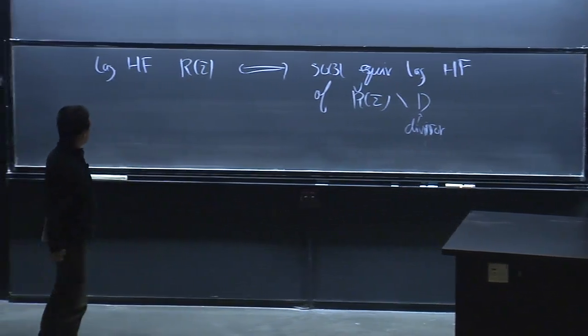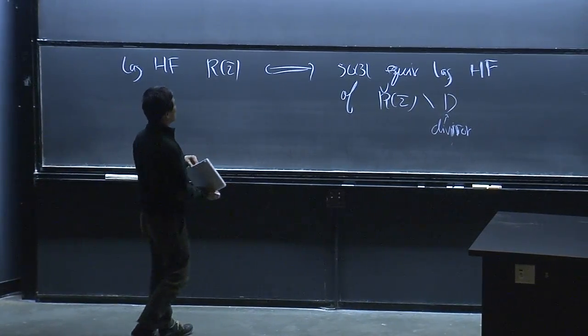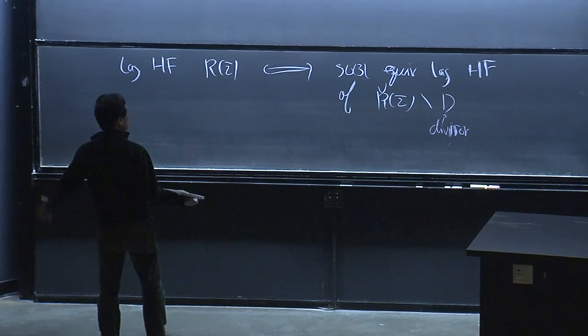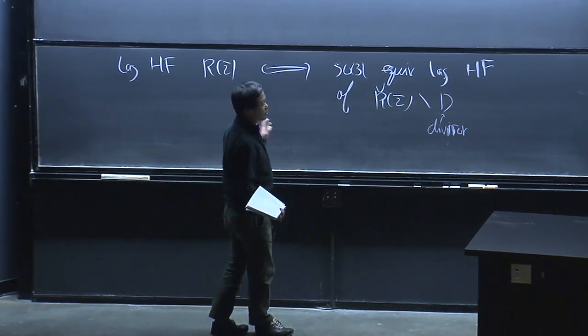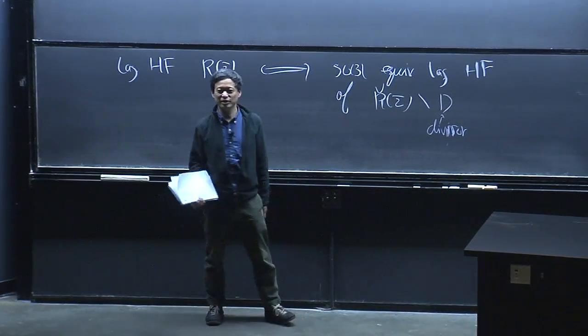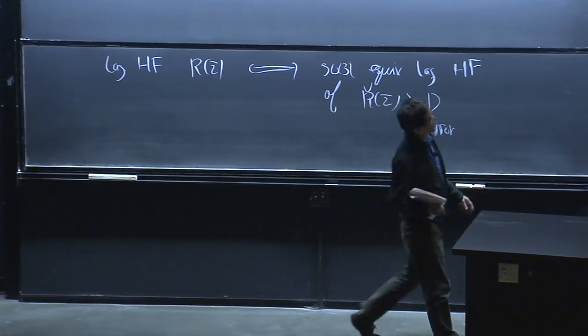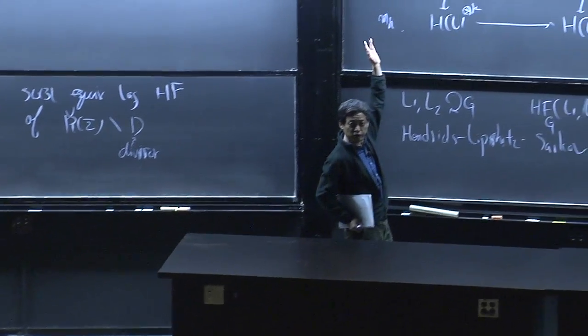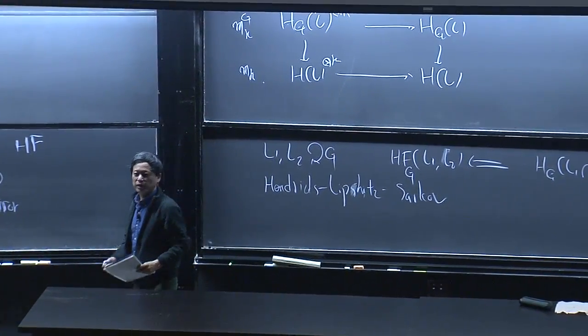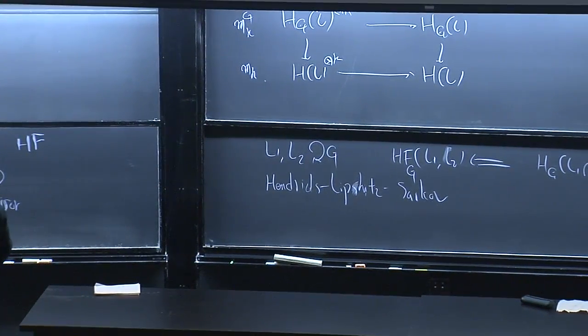Today I don't want to talk about gauge theory. Last week there was a conference at the Simon Center, Stony Brook, and I talked about the gauge theory side. Today I just want to explain the main idea to construct equivariant Lagrangian Floer homology. And this is one motivation.